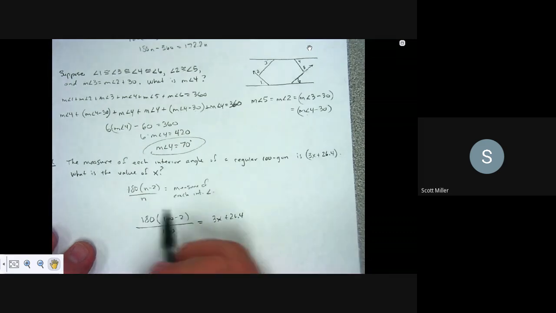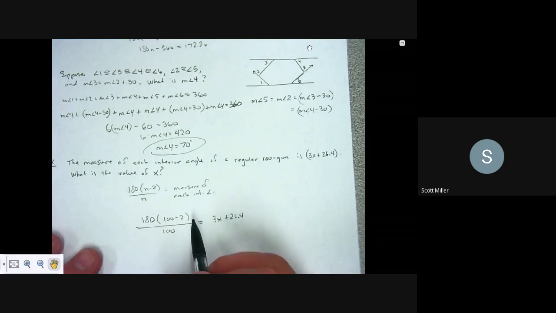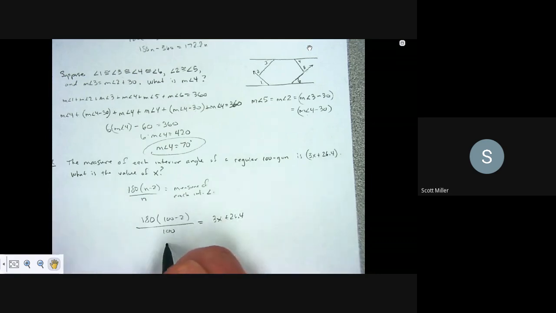Okay, so this right here is an actual number. You can work this out. If you type this all into the calculator, what do we end up with here? Take all this stuff right here, you're going to get 180 times 98 over 100.